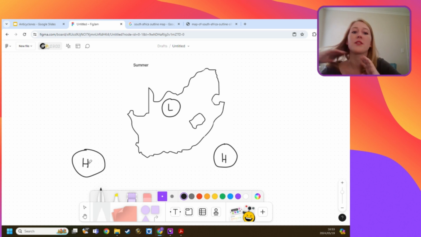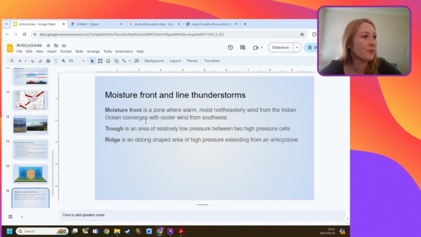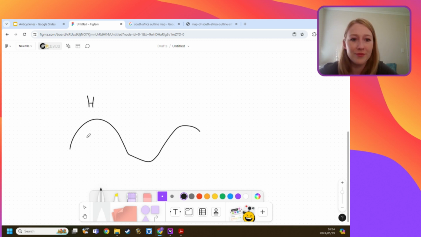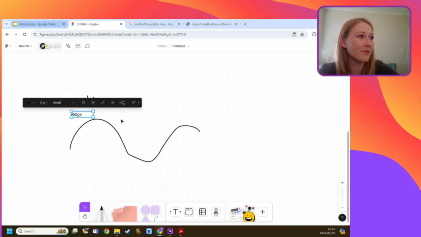Another term for these large high and low pressure cells are troughs and ridges. A trough is an area of low pressure between two highs. Where it's high, that is the ridge.